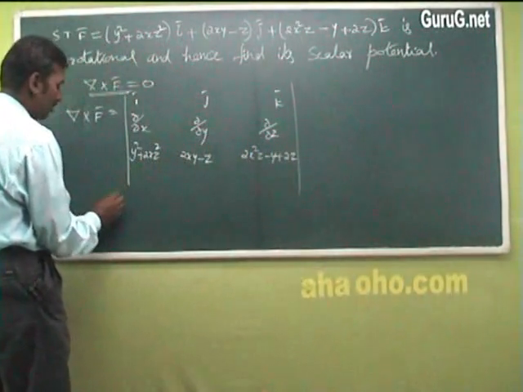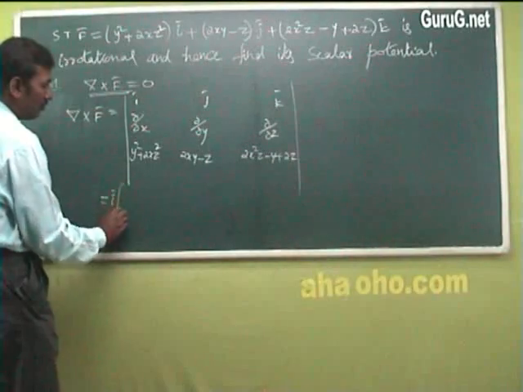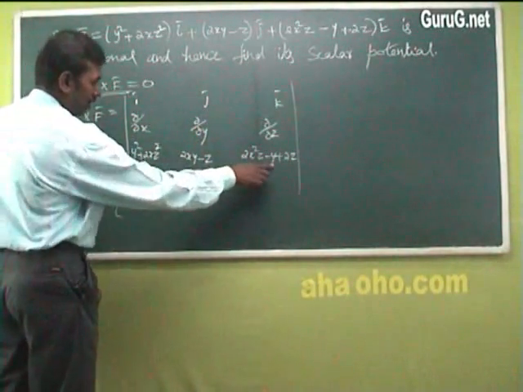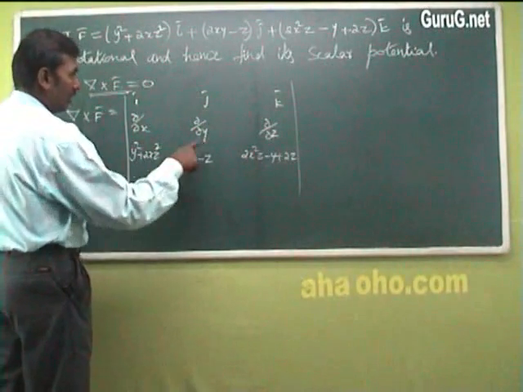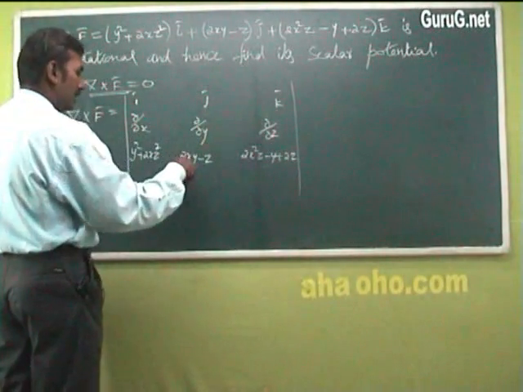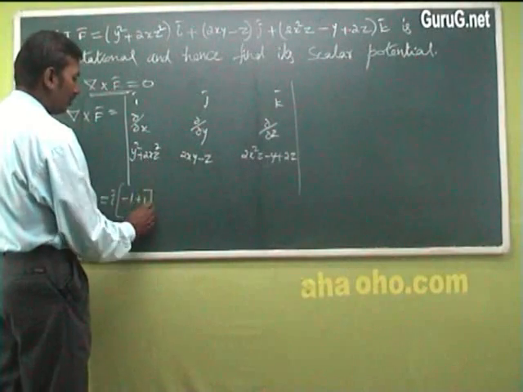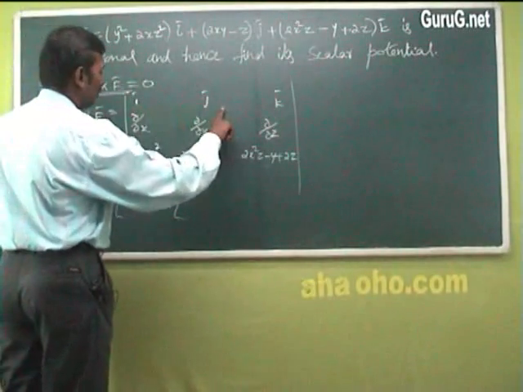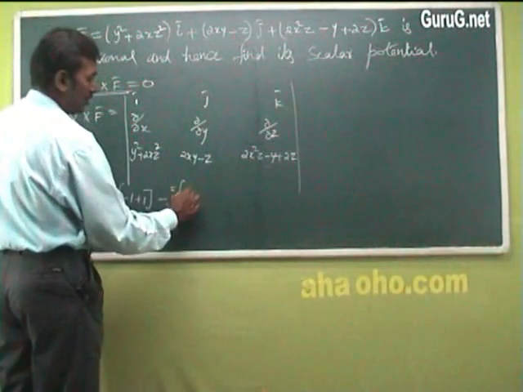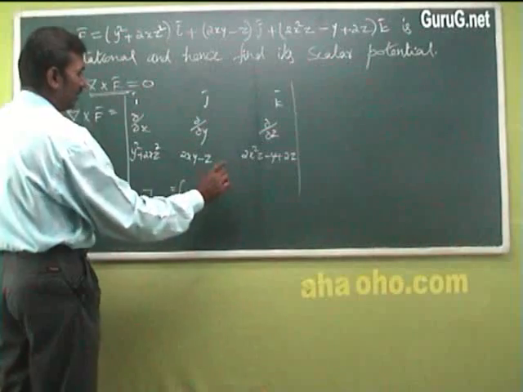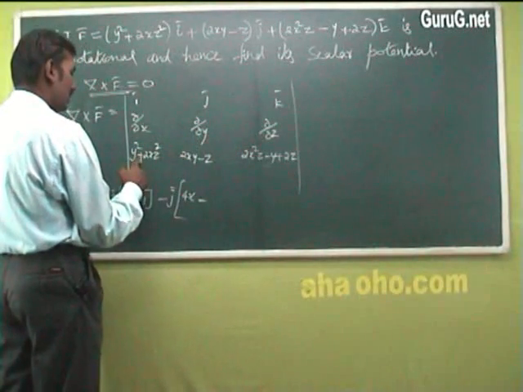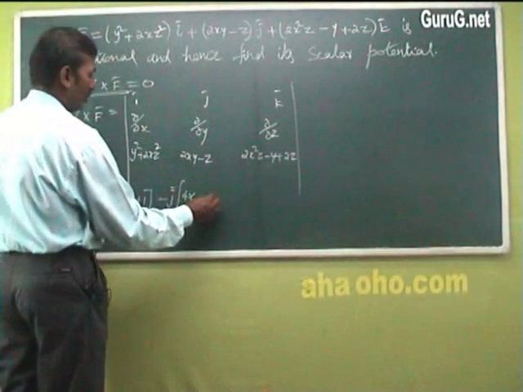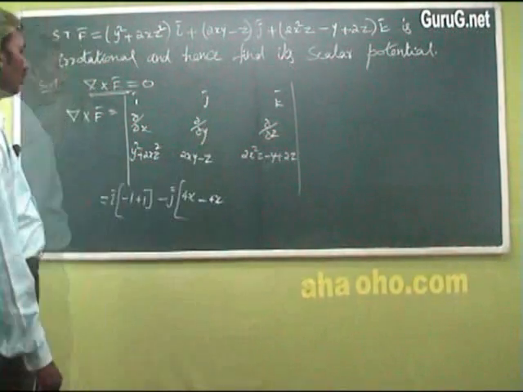So expand it. i vector into, omit this column and this row, differentiate with respect to y, so minus 1, then differentiate with respect to z here, so plus 1. And minus j into, omit this column and this row, differentiate with respect to x, so 4x, and minus differentiate with respect to z, so minus 4x, right?